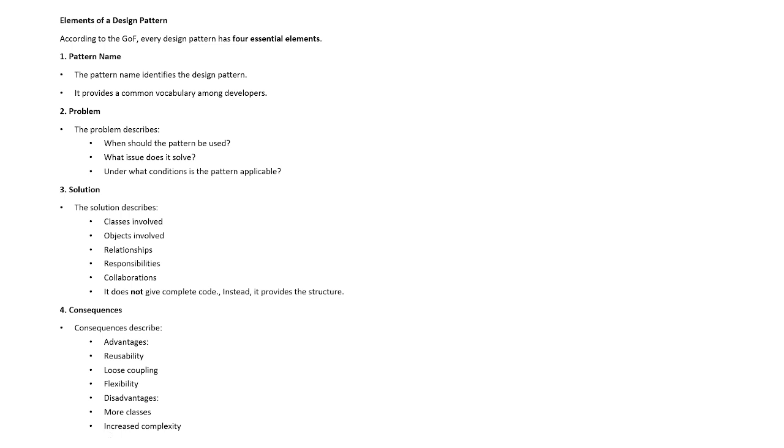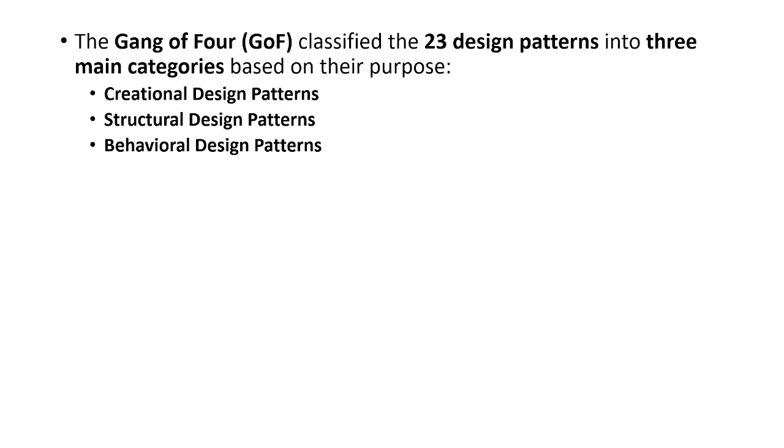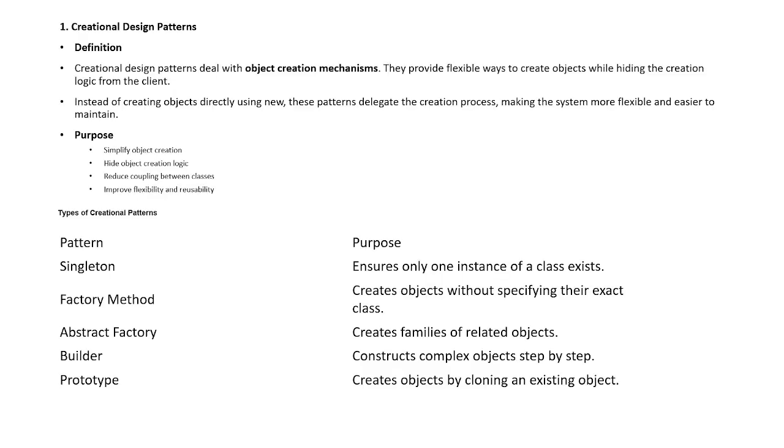Let's see. The Gang of Four defined the 23 design patterns in three main categories. First is creational, second is structural, and third is behavioral. What is creational? Creational design patterns deal with object creation mechanisms.